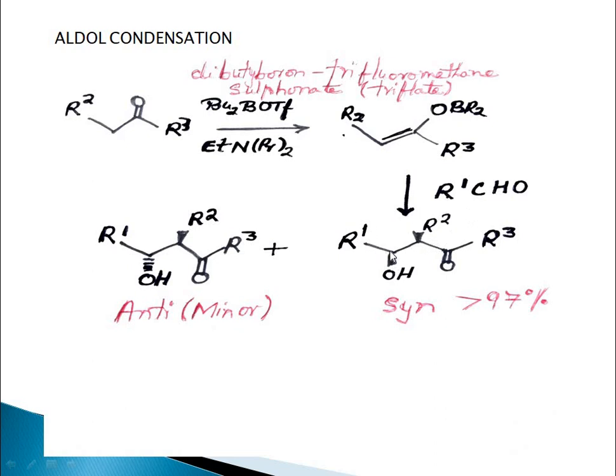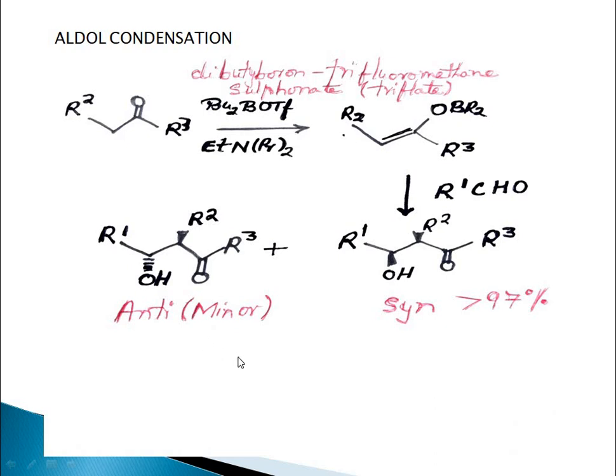So R1CH(OH) attaches to the carbon carrying this R2. Since we are using boron triflate here, we get syn as the major, more than 97%, and anti as the minor. How is it possible that we get syn as the major and anti as the minor?